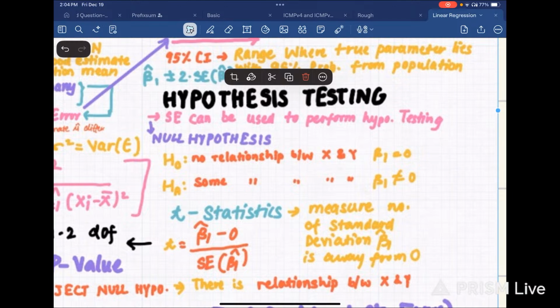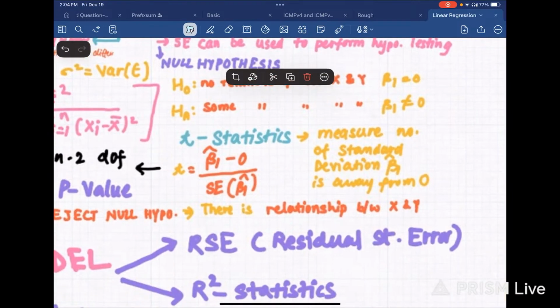So H naught is beta 1 equals 0, and for the alternative, beta 1 is not equal to 0. We will use a statistic to measure the number of standard deviations beta 1 cap is away from 0.